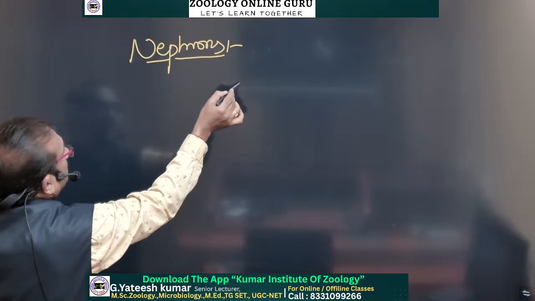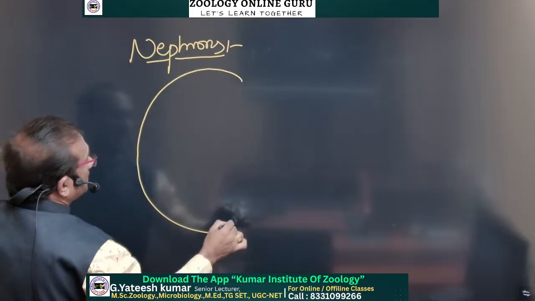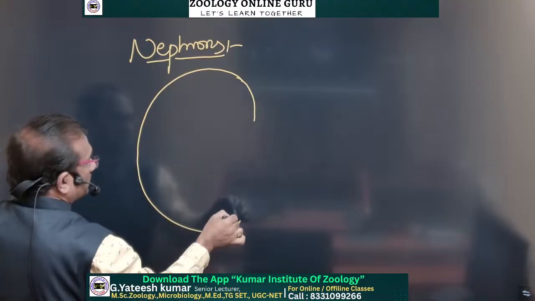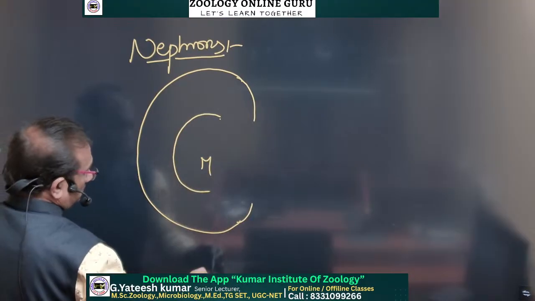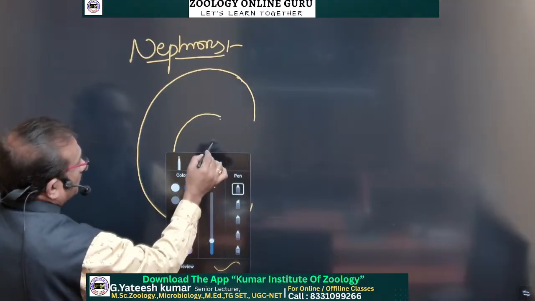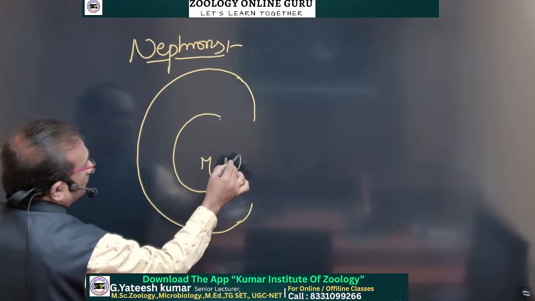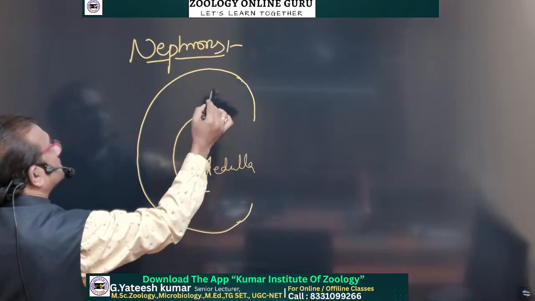So in the kidney, this is medulla, this is cortex.